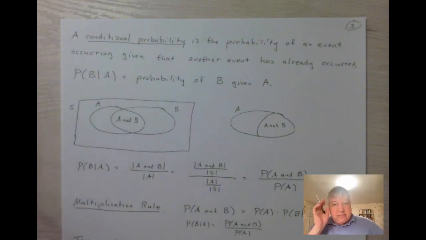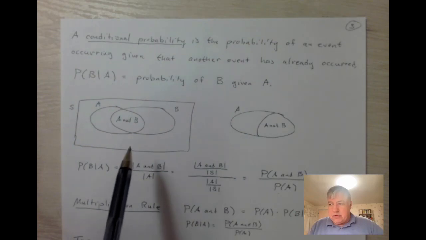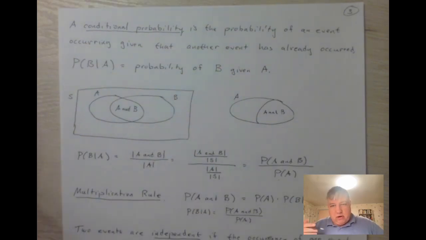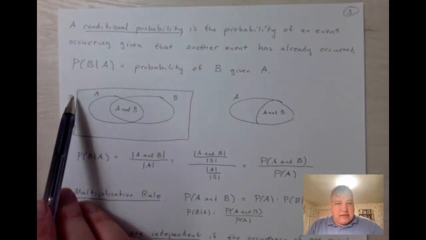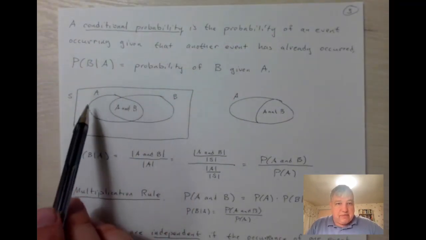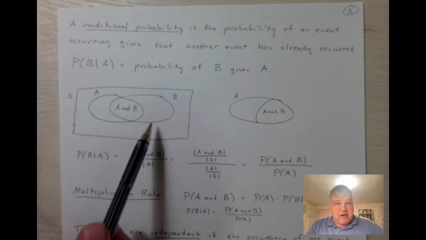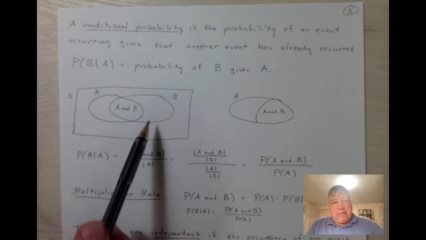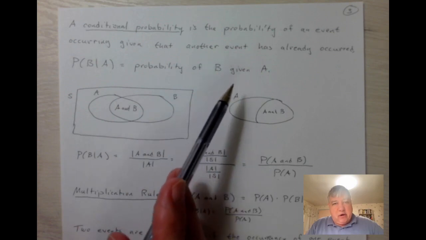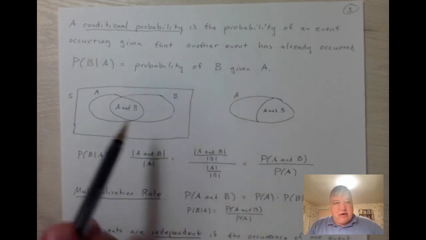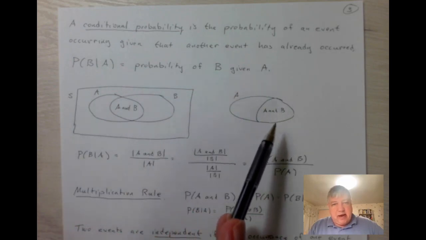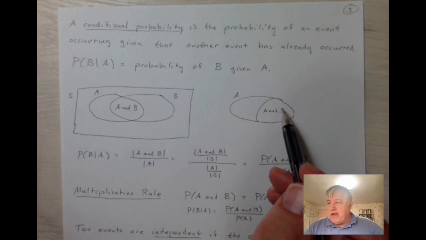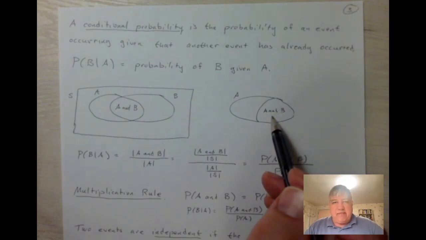In terms of diagrams and calculations, assuming that all outcomes are equally likely, we can do it this way. If S is our sample space, and this first circle is A and this circle is B, because we're given A has occurred, we only care about the outcomes in A. So instead of considering the whole sample space, we'll limit our interest to A. And then the only way that B can happen is if the outcomes in this intersection occur.